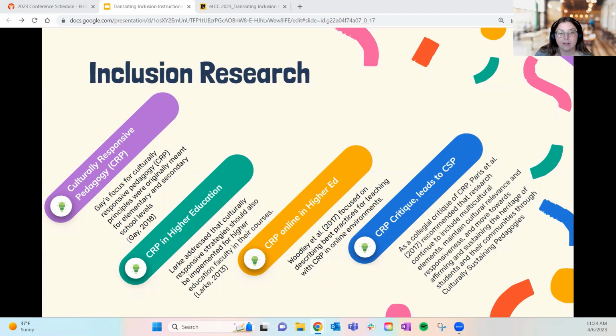And then there's a collegial critique of culturally responsive pedagogy, which recommended that multicultural educational research continue to include multicultural elements, maintain cultural relevance and responsiveness, and move towards affirming and sustaining the culture and heritage of students through those different pedagogies.